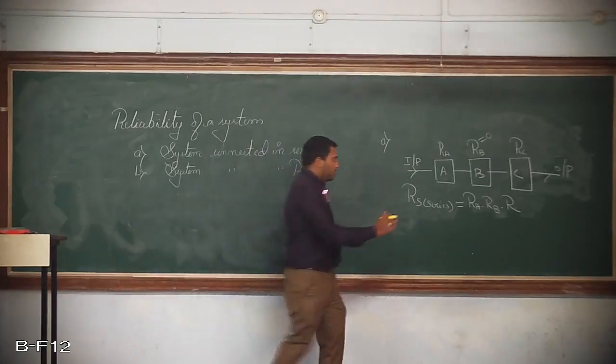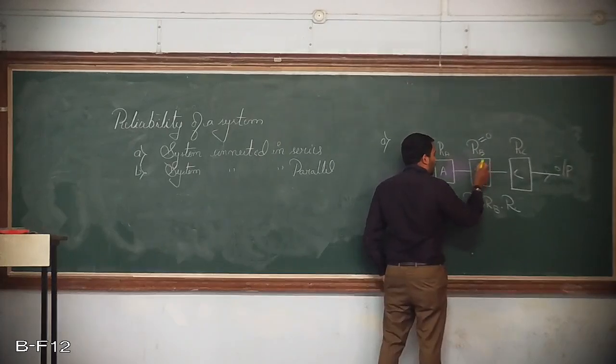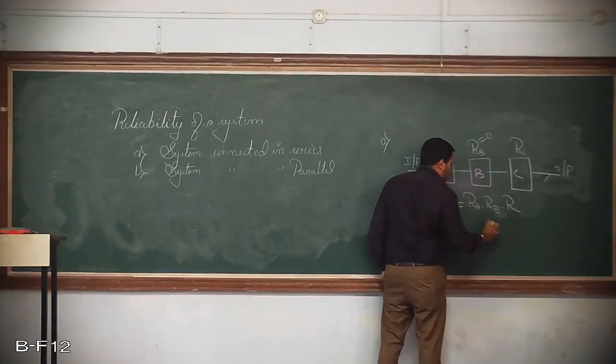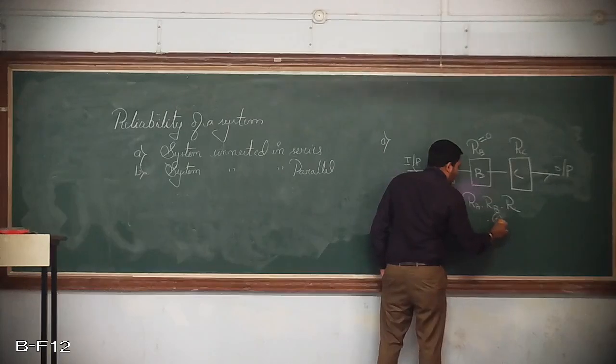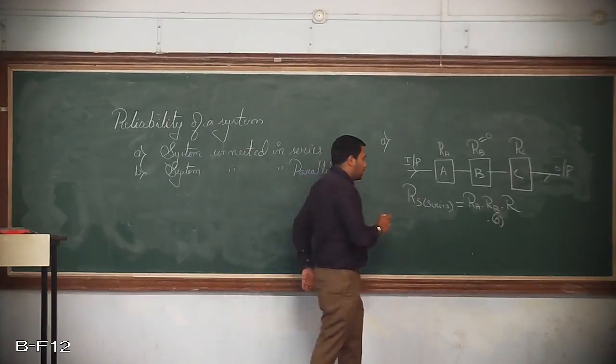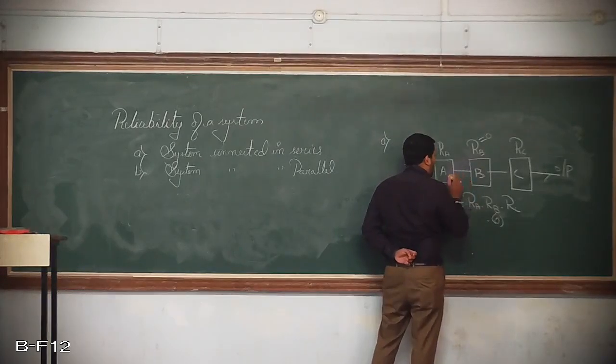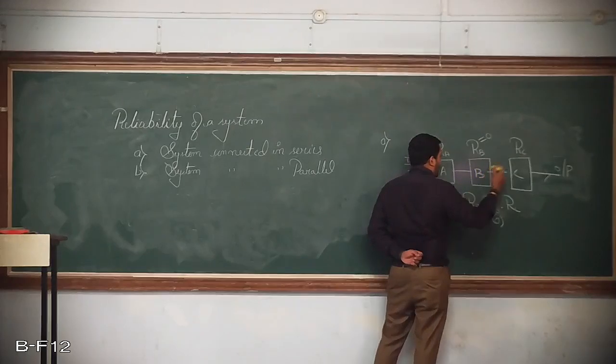Consider that if the part B fails when working, then its reliability becomes 0. For this system connected in series, the reliability of the system is the product of RA, RB, and RC.